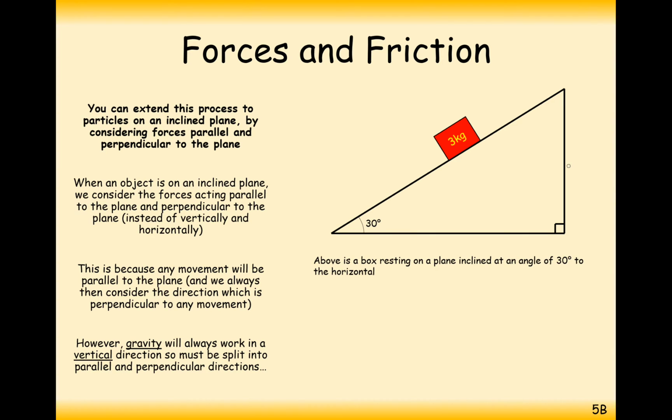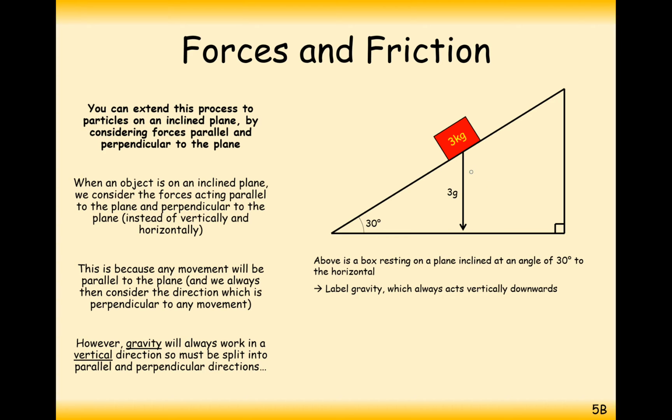Now, when we have a box here on the slope, angle 30 degrees on the slope here, with a mass of 3 kilograms, to work out the speed at which this box here is going to go down the slope, we need to resolve this 3g weight force here.